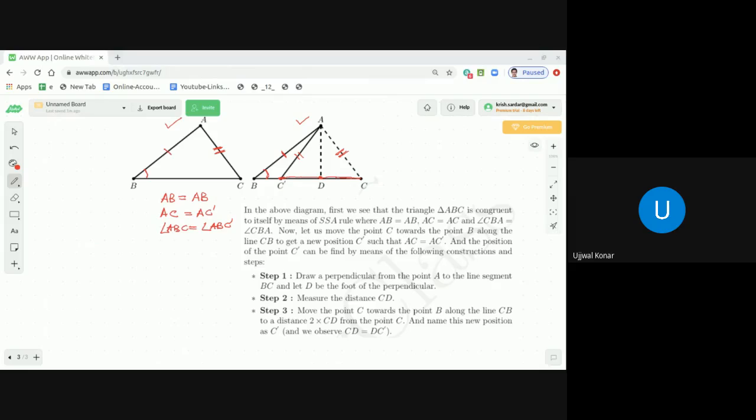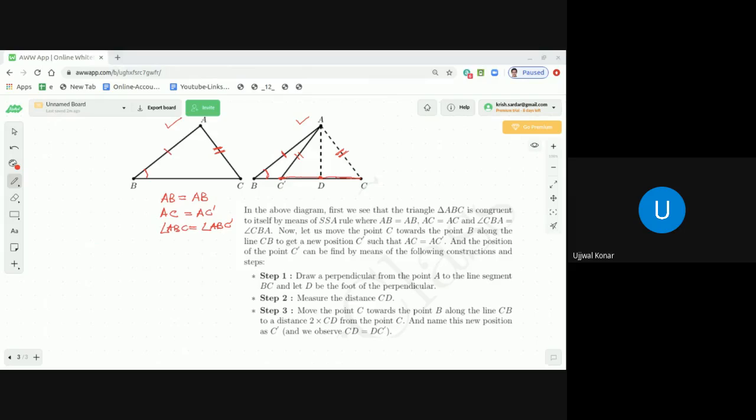Now if you look into the two triangles ABC and ABC dash, we observe that AB is equal to AB, AC is equal to AC dash, and angle CBA is equal to angle C dash BA.